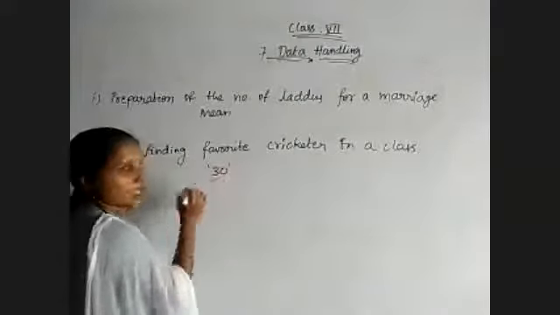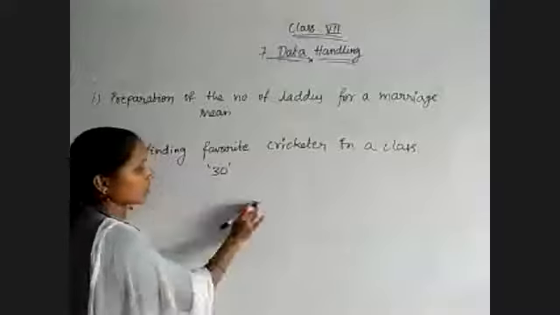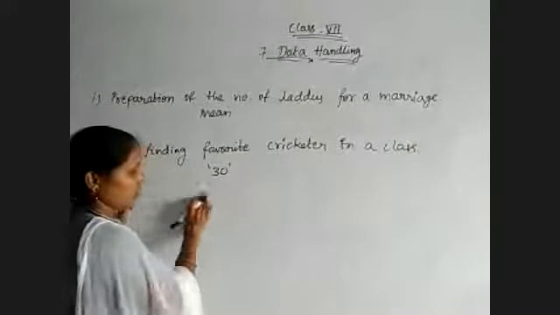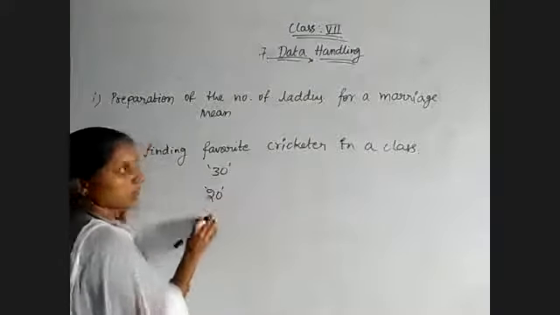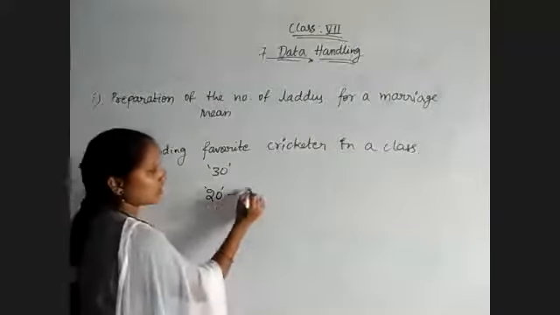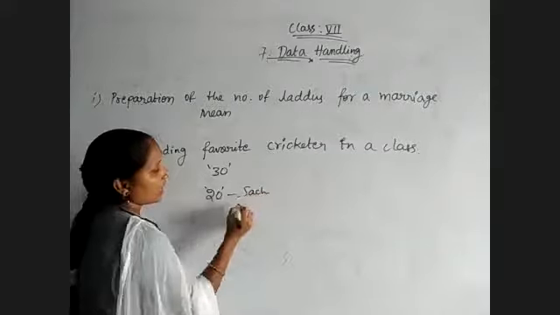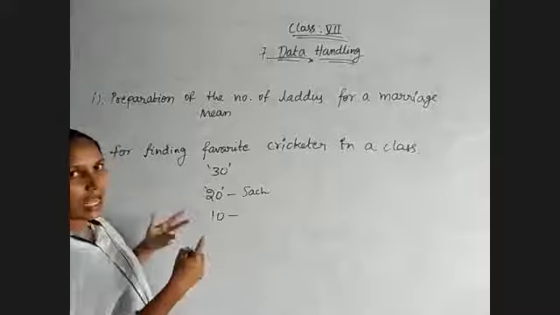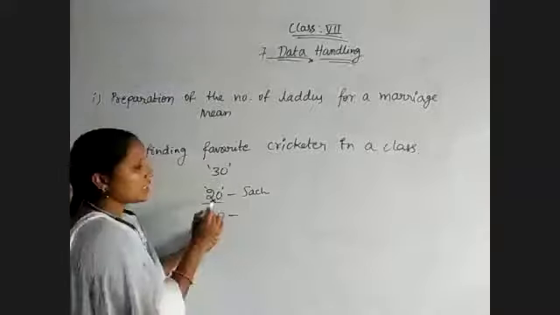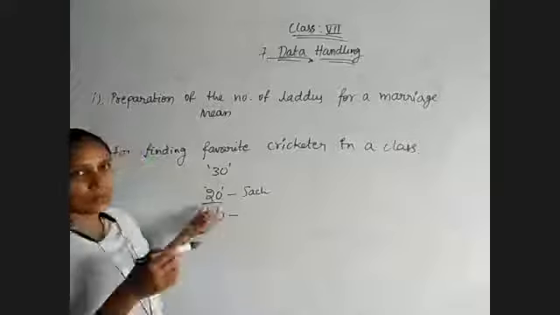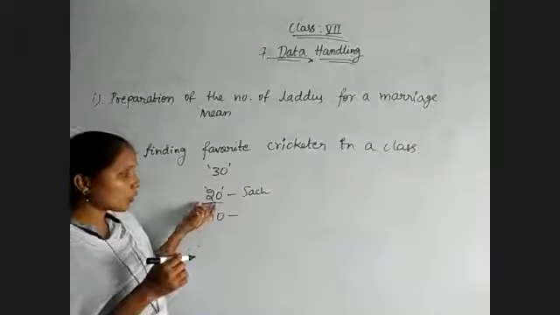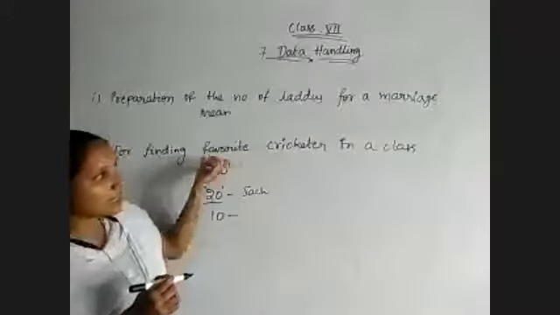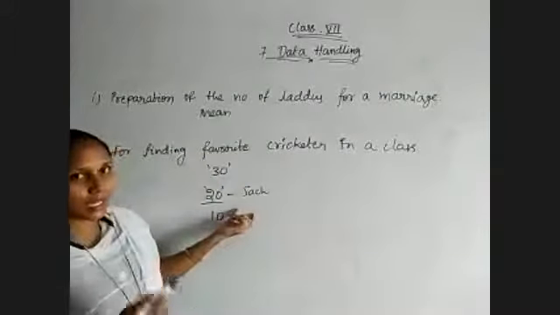Suppose 20 students like one cricketer, say Sachin, and the remaining 10 like another cricketer. In that case, most of the students like Sachin, yes or no? So we are able to tell exactly the favorite cricketer.